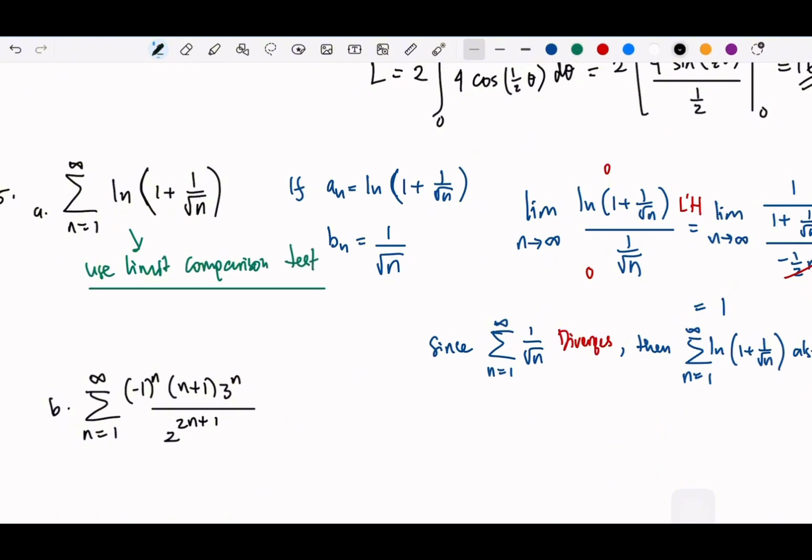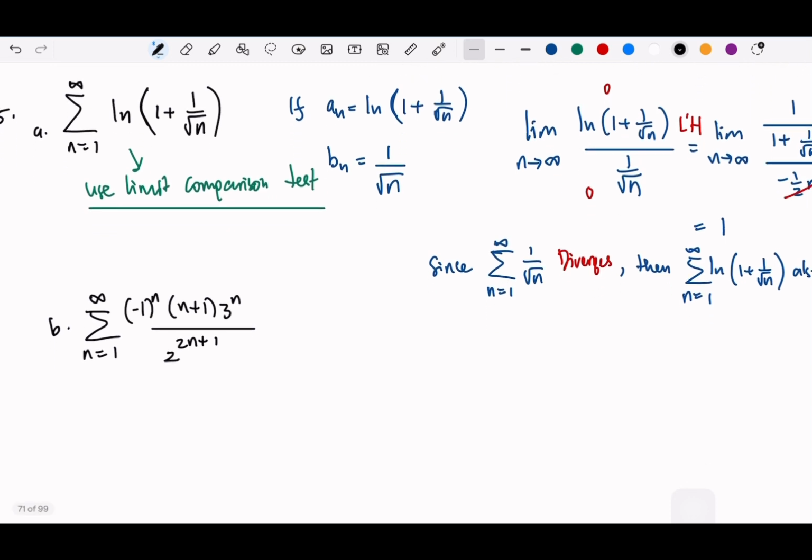Okay, now the second part of the questions. We have a fraction that is having a combination of power, right? So my suggestion, whenever you have this kind of questions, they have power like this, okay?